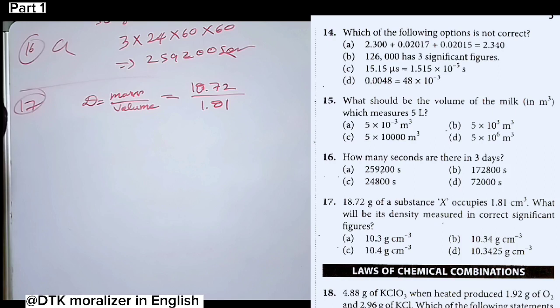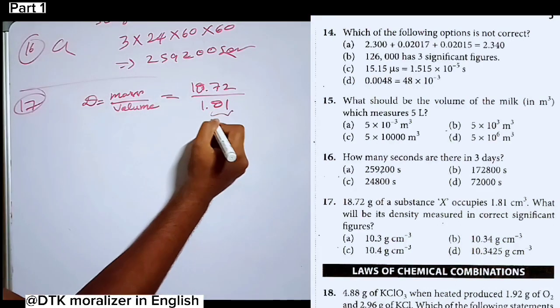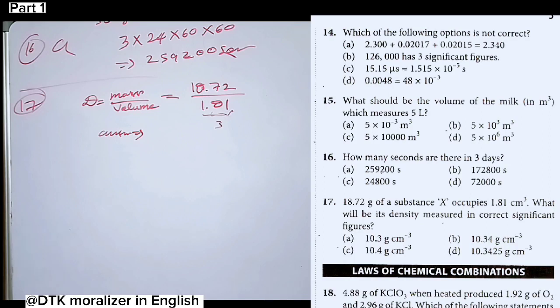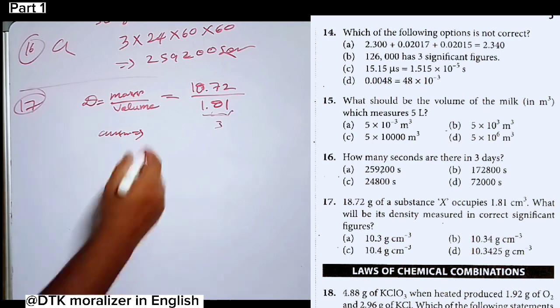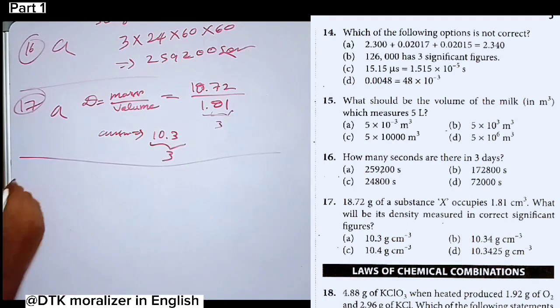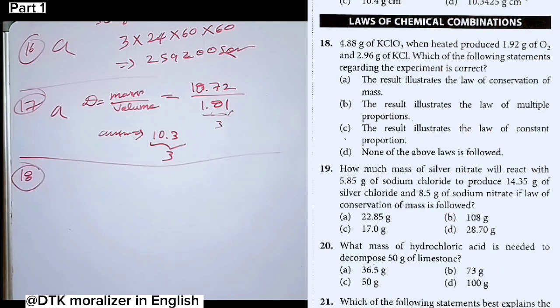As you can see, we have to round off to the least precise significant figures. So least precise would be 3 significant figures. So as you can see here, 3 significant figures are the least. So the answer would be 10.3. So option A, right.